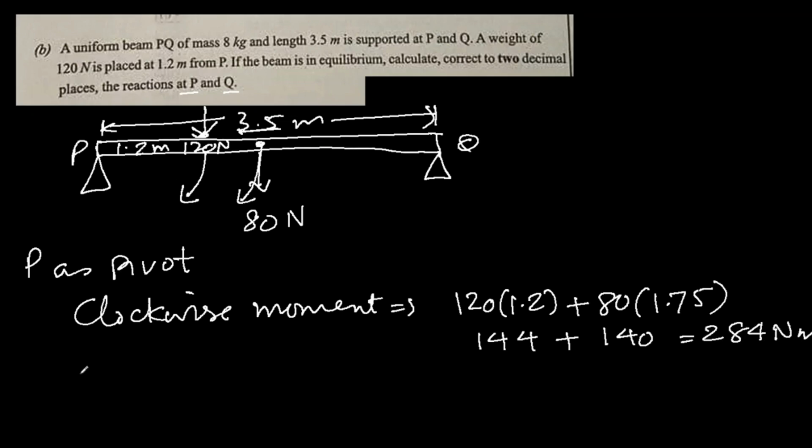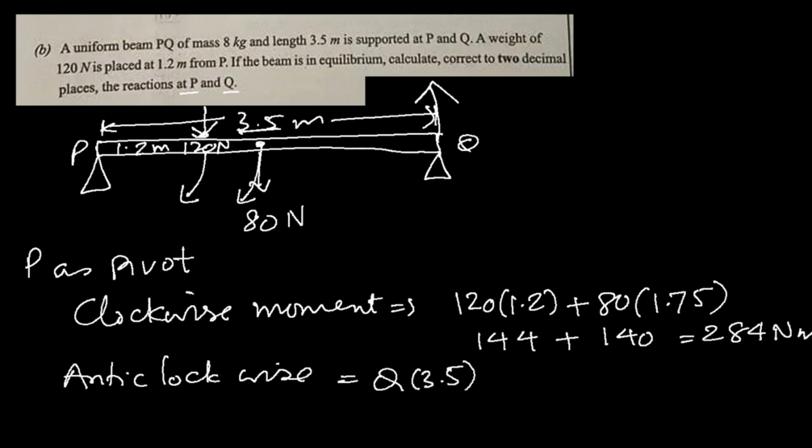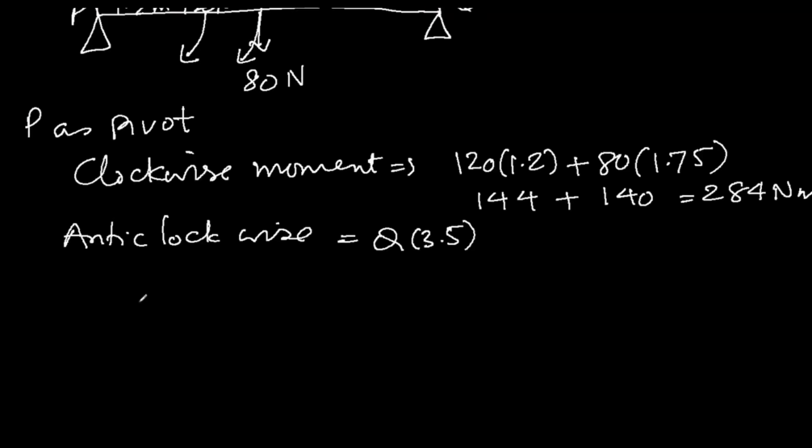Alright, now anticlockwise will be only the reaction at Q, which will be upwards here. So anticlockwise, Q multiplied by 3.5 Newton meters. Alright, so for equilibrium they have to be equal.